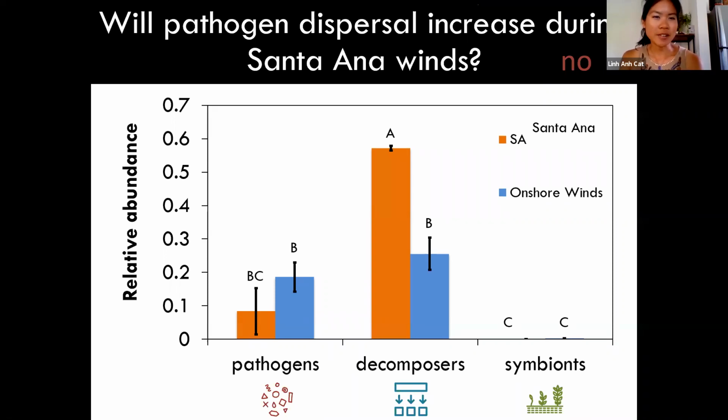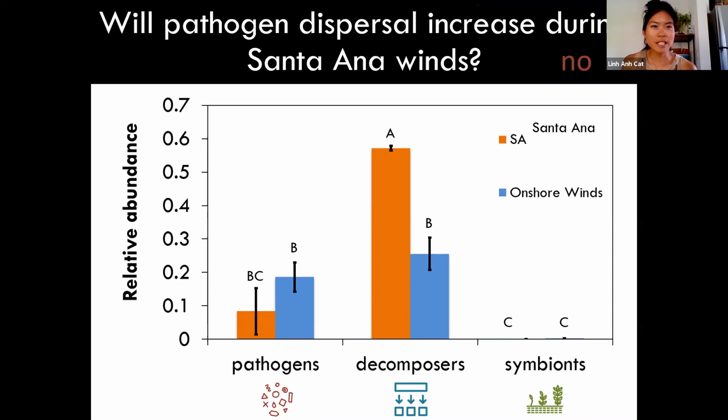And I'll connect this to what I think may happen in Southern California and in areas like Cabrillo National Monument. But if you look at this, during Santa Ana winds, we're seeing way more decomposers being brought to Southern California. The amount of pathogens looks like it's going down.